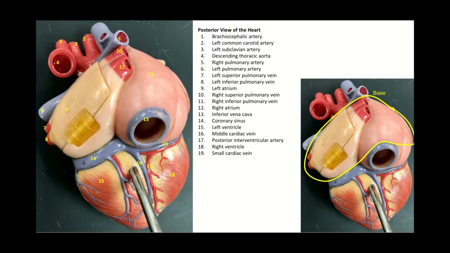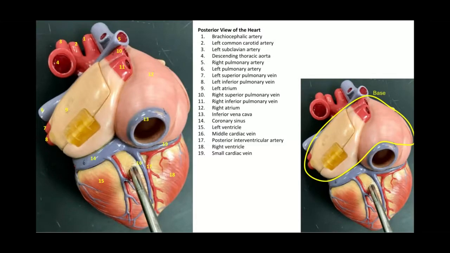The other feature which you have here is number 12, your right atrium, and number 9, which is your left atrium. We have three veins which come to our right atrium. One of them is superior vena cava, one of them is inferior vena cava, and the other one is called coronary sinus.